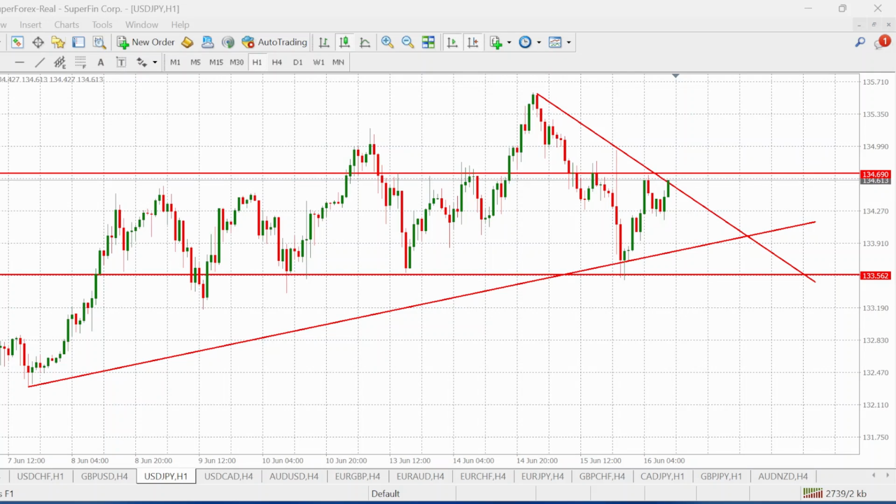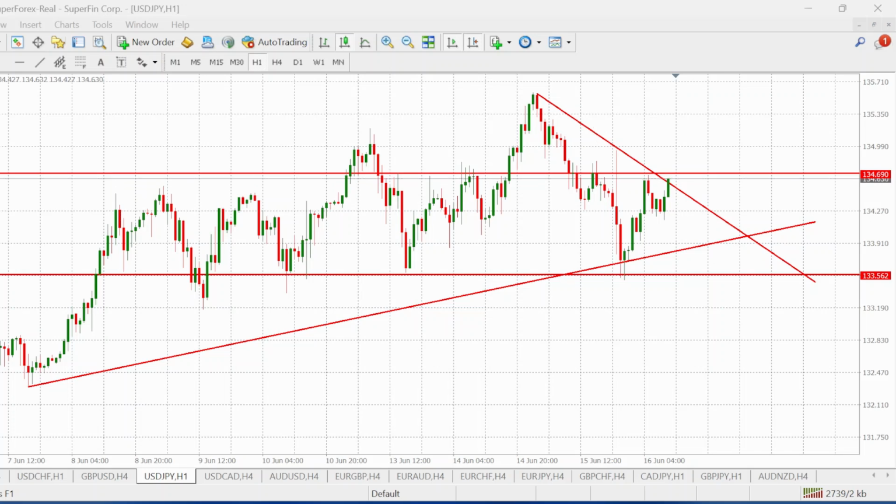We can see the market is in an area of confluence. This is a very respected area because both this trend line and the resistance level collide with the price at this area.